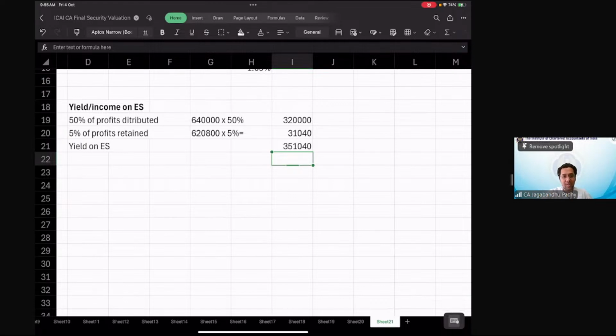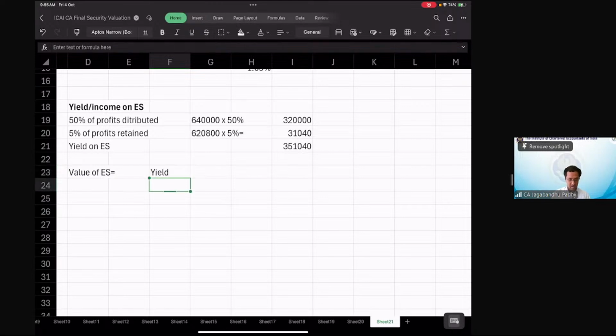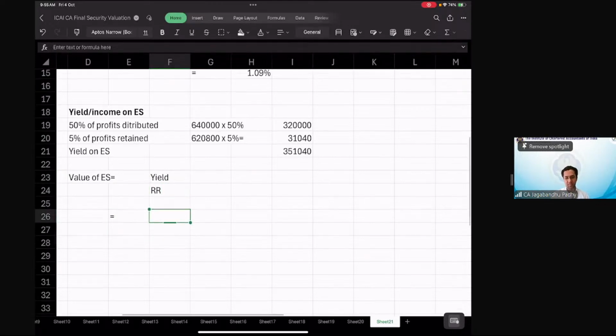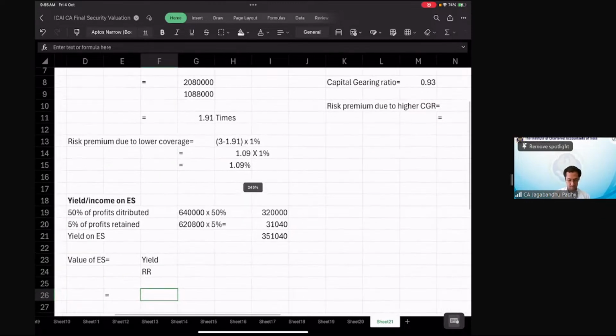Now this particular yield on equity shares, 3,51,040, we are going to calculate the value of the share. Now there is no growth rate specified over here. Value of equity shares will be simply yield divided by required return. Okay. Now yield is something we know. What will be the required return here?